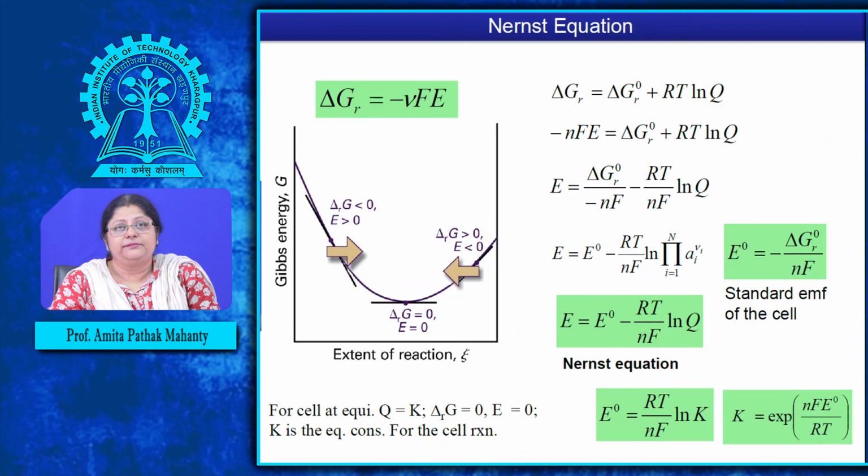What is delta E naught, the standard cell EMF? This is what I have for any cell reaction or any other reaction, where this is the standard delta G of the reaction, and Q becomes K when you have reached the equilibrium concentration.